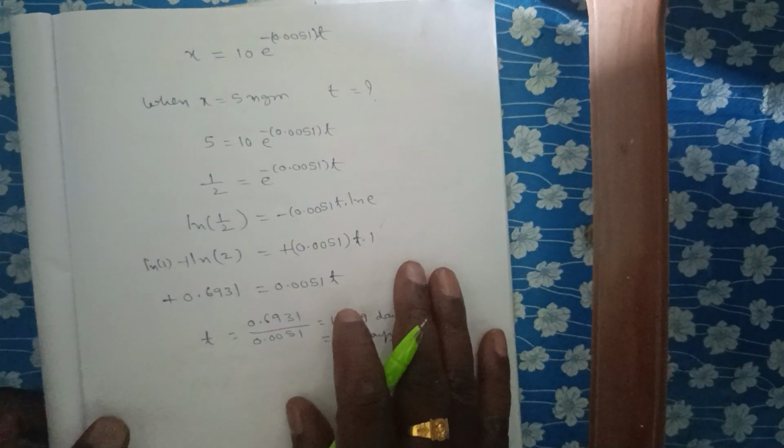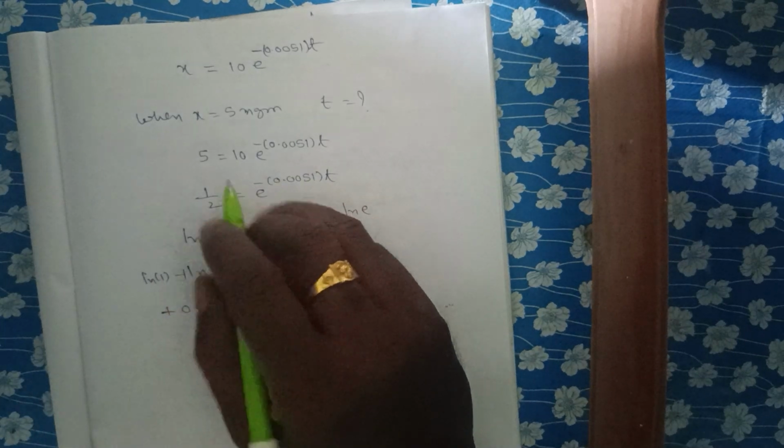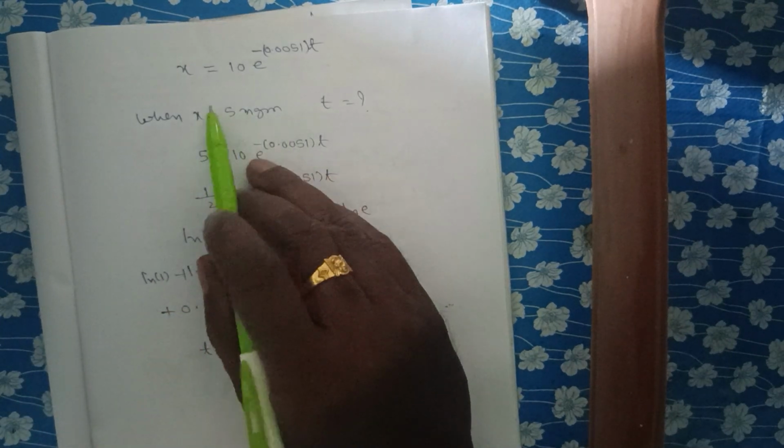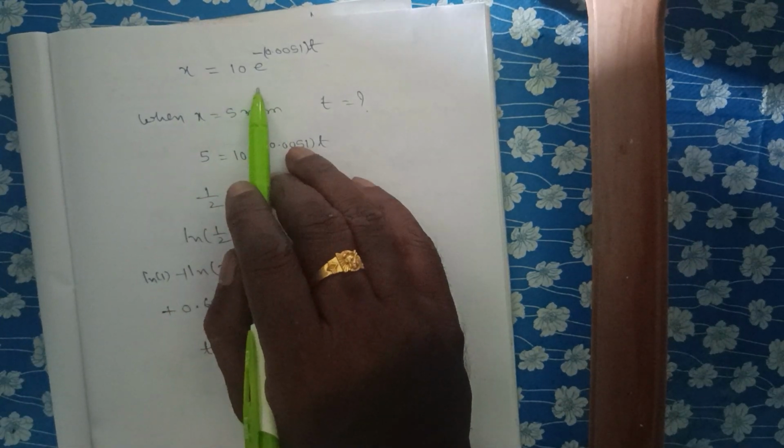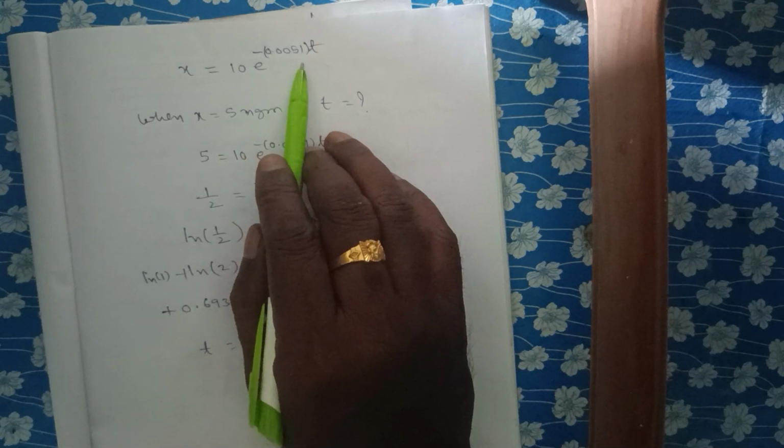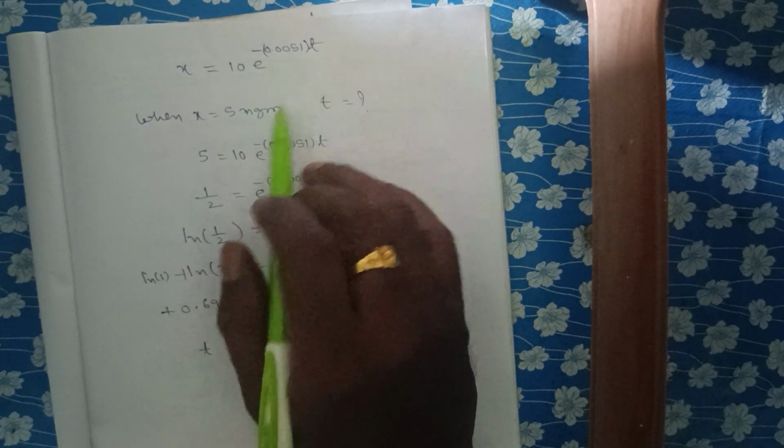So the value of k is equal to 0.0051. Now substituting the k value and the c value, x is equal to 10 e power minus 0.0051 t.